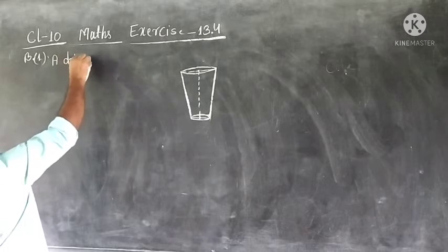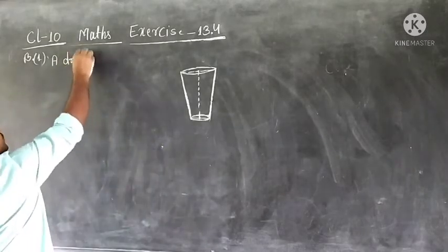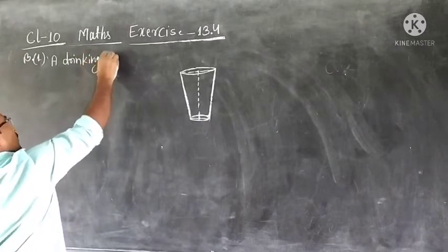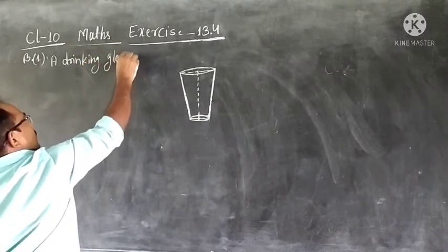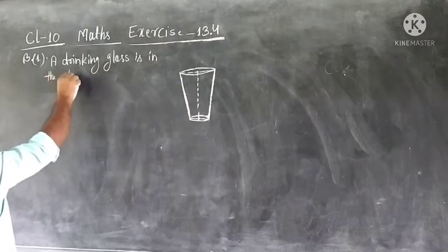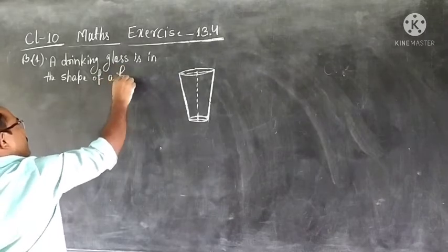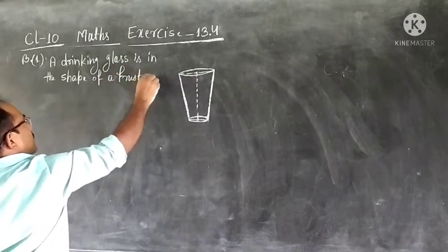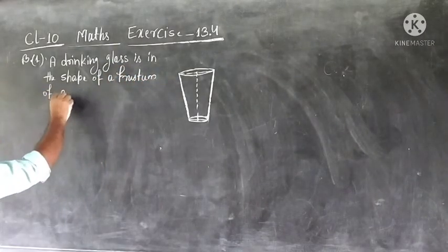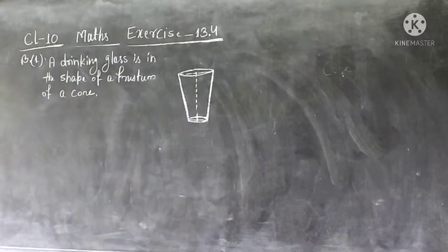A drinking glass is in the shape of a frustum of a cone of height 14 centimeters.